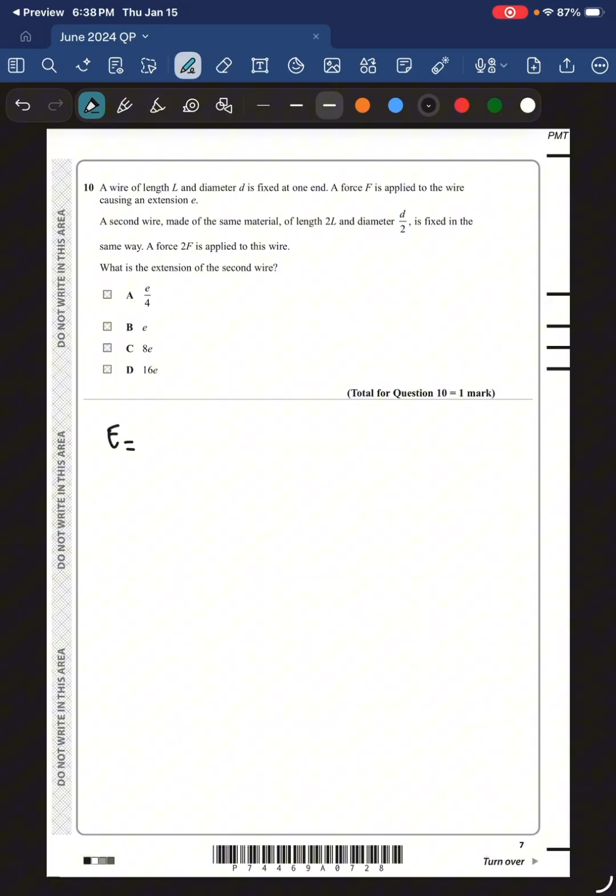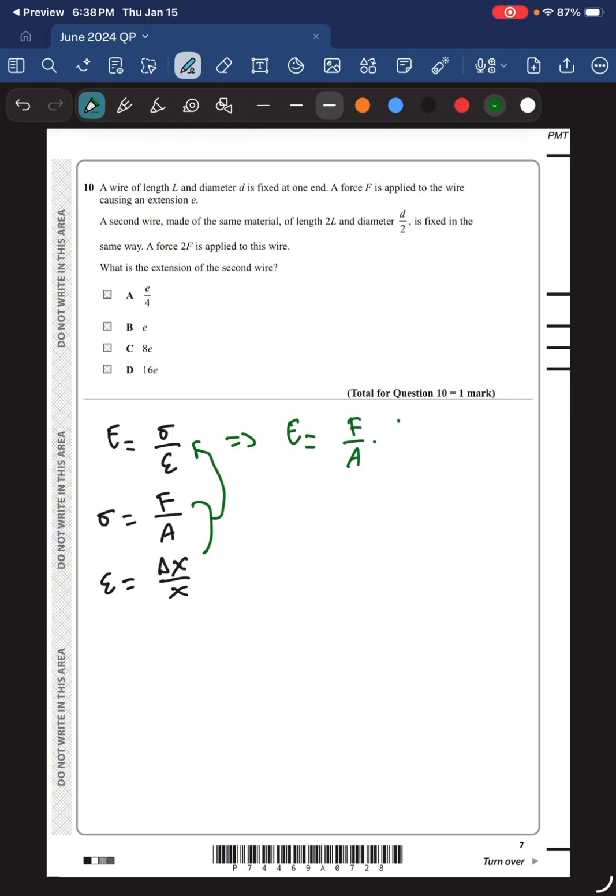So the Young's modulus is given by stress over the strain, right? And then we have that stress is F over A. And then strain is given by delta X over X, okay? So if we take these two equations and plug them in there, we will find that E is F over A times L over delta L, okay?